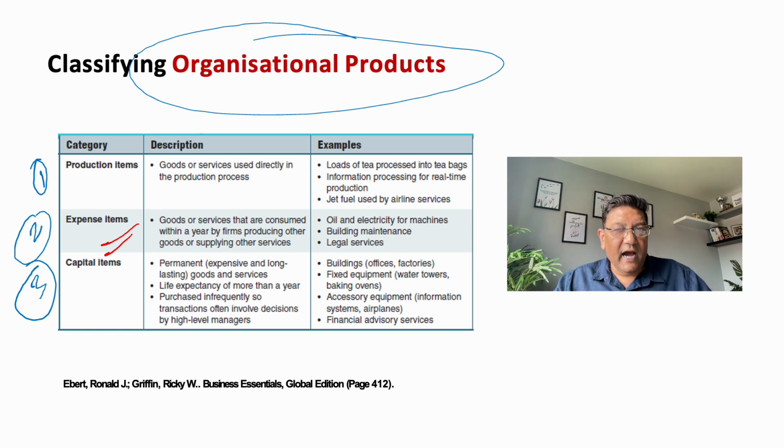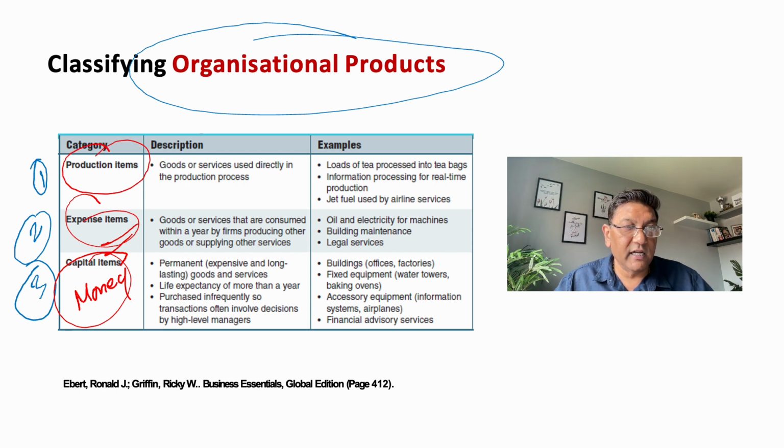Now, those are the capital items where you spend a lot of money for your manufacturing, for products and services. A lot of money is involved in capital items. I'm not saying that money is not involved in expense items or production items as well.